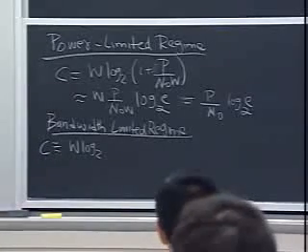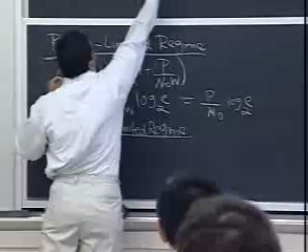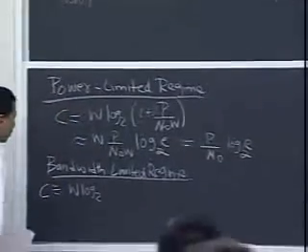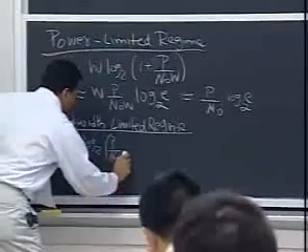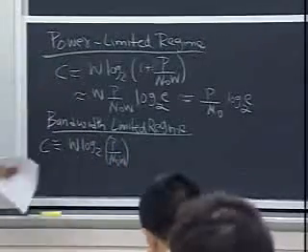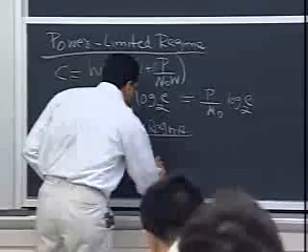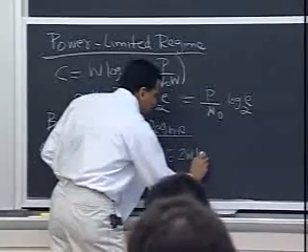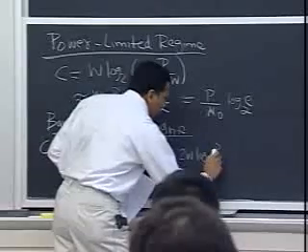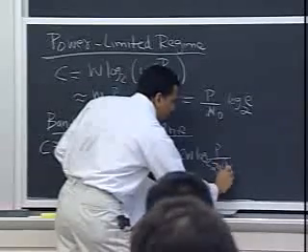I'm operating in this part of the graph. So this is P over N naught W. Now suppose I increase my bandwidth by a factor of 2, C prime will be 2W log2 of P over 2W N naught.